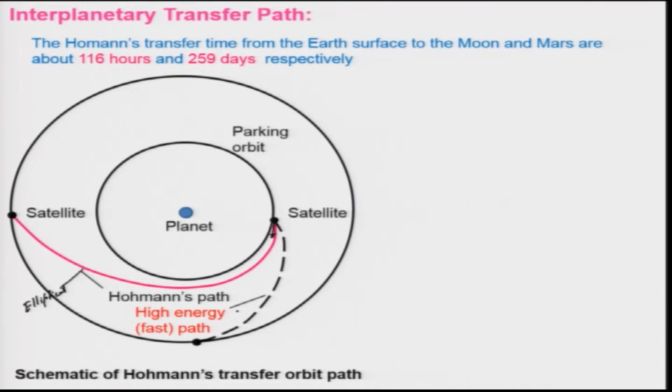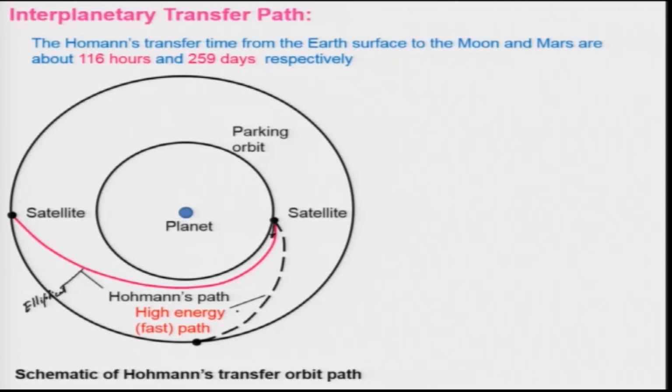But if one wants to travel from the Earth's surface to Mars using the Hohmann orbit, then it will take something like 259 days. Therefore, it takes a lot of time, and that is the reason why people provide a little higher amount of energy, such that a faster transfer can take place between the parking orbit and the outer orbit.